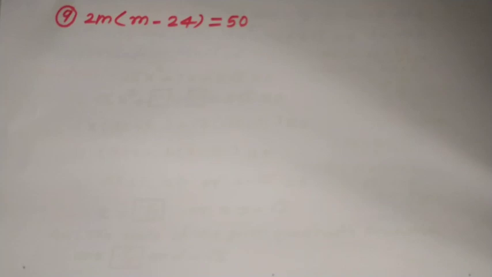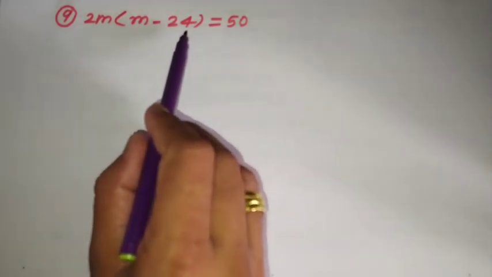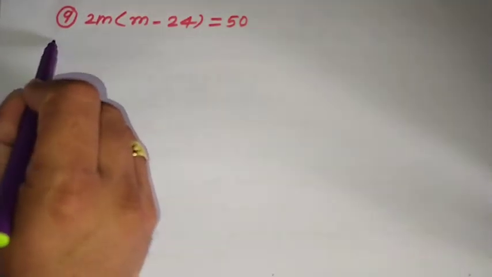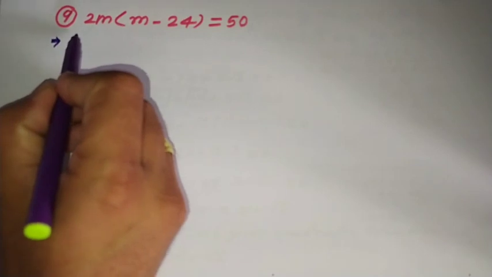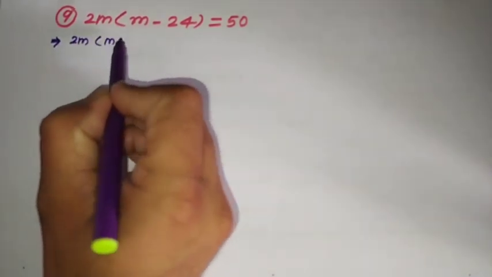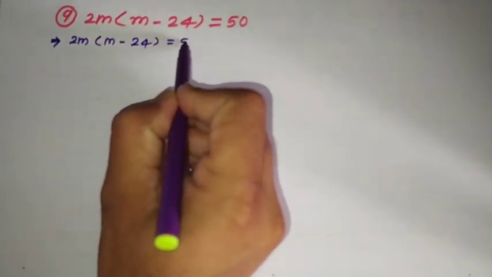Example number 9. 2m in bracket m minus 24 bracket complete is equal to 50. Write down 2m(m minus 24) is equal to 50.